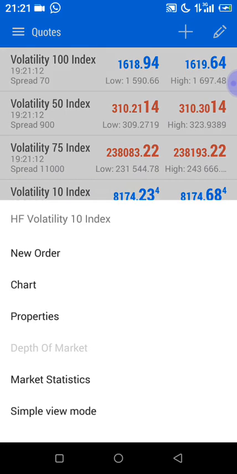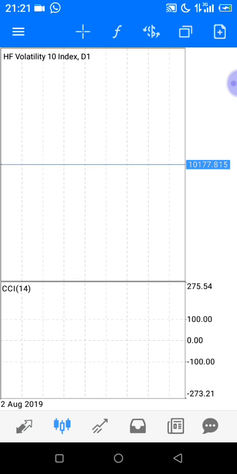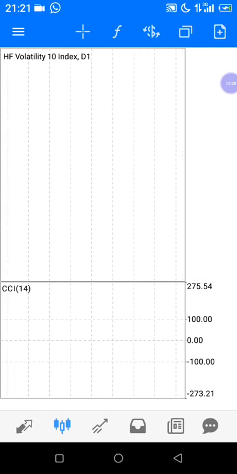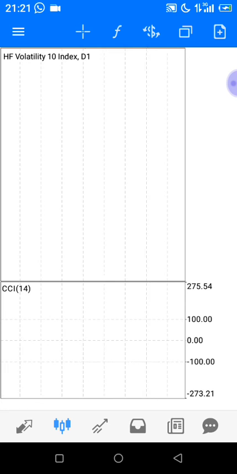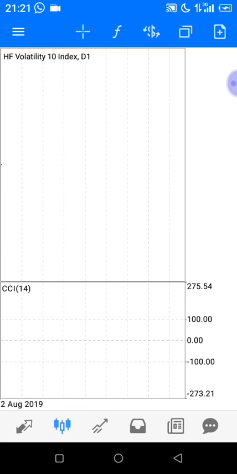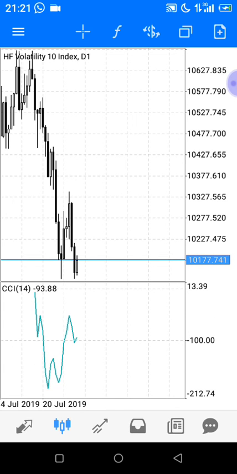Let me look at the HFV10. My network is really slowing me down, but I hope this will be my last pair to analyze. So this is a strategy for when you're really patient and not in a hurry.